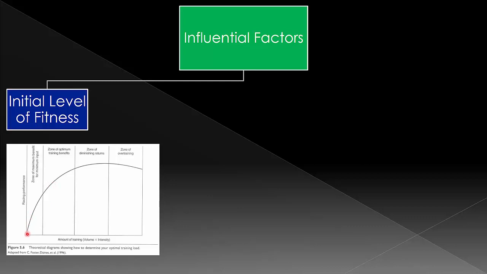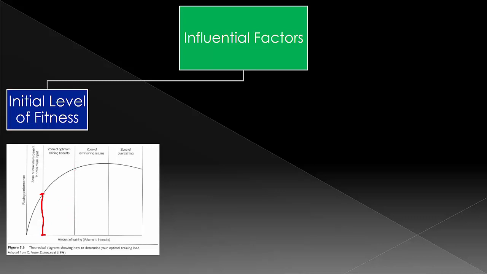So for instance, if we take an individual that is at rock bottom with their running performance, if we're talking about running as an aerobic training modality, and we see that we increase the amount of training just a little bit to this level here, you can see that their racing performance increased by quite a bit. So it increased from here to here.